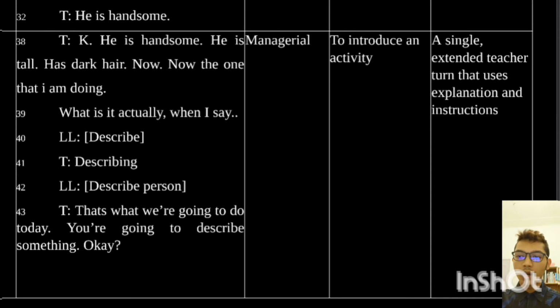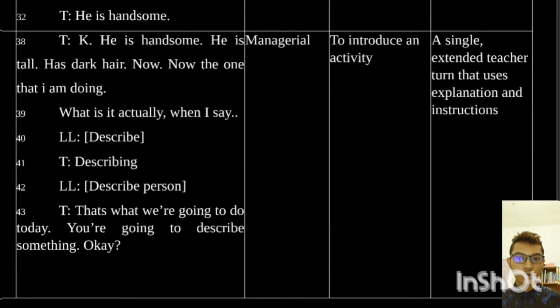So here are some examples of the managerial mode, the interaction that I have transcribed. So this is what the teacher said. Okay, he is handsome, he is tall, has dark hair. Now the one that I am doing, what is it actually when I say? And the student reply, describe.